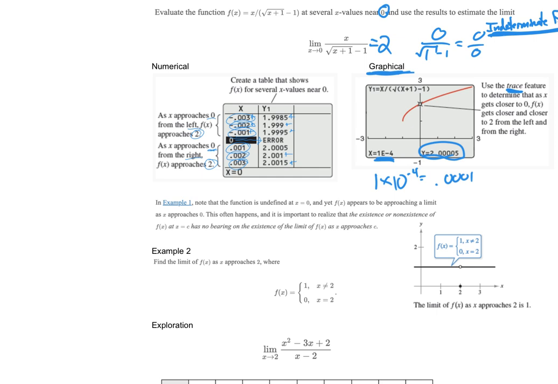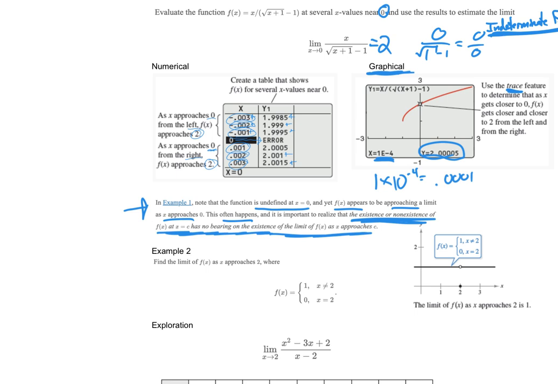Okay, so here is an important note, and I've stated this already, but note that the function is undefined, and yet f of x appears to be approaching a limit as x approaches 0. This often happens because we'll give you problems where the equation doesn't exist. The existence or non-existence of f of x at x equals c has no bearing on the existence of the limit of f of x as x approaches c.